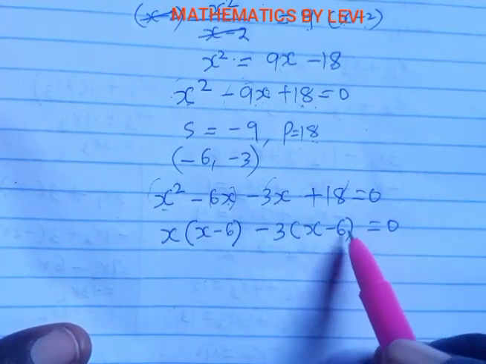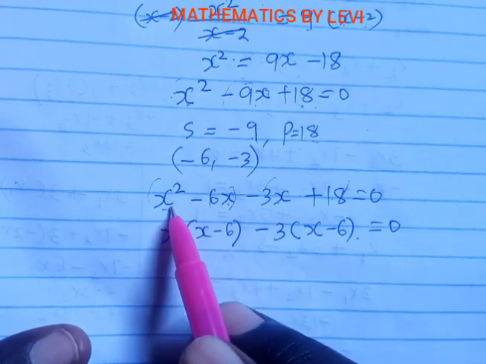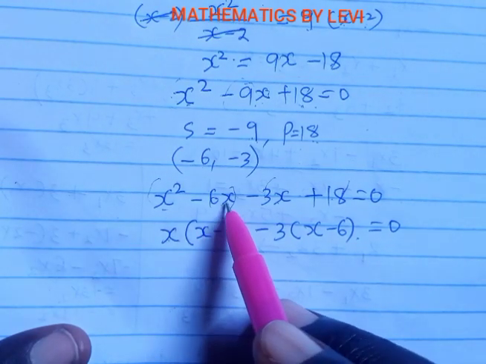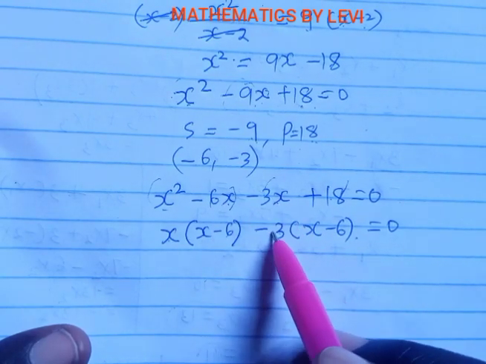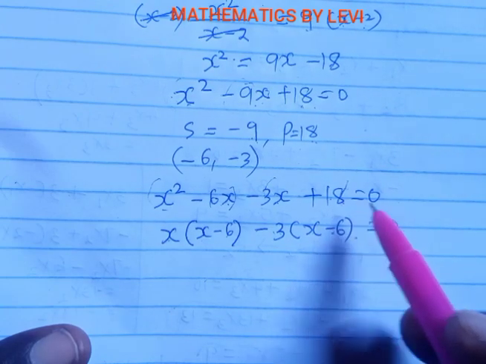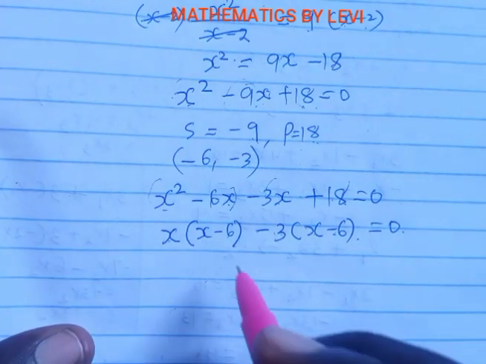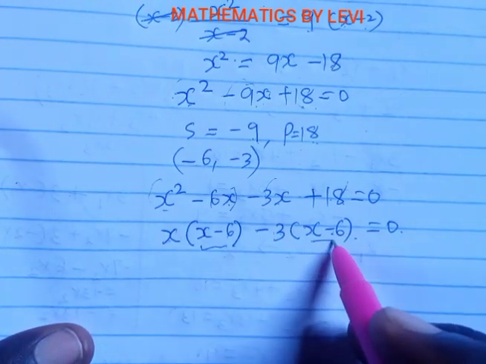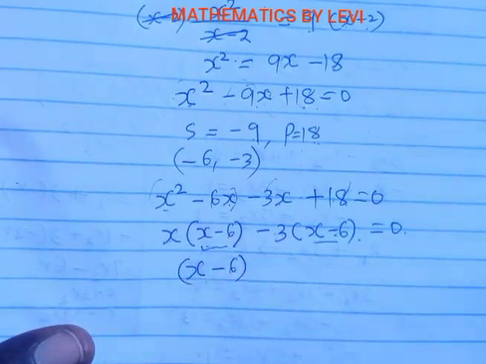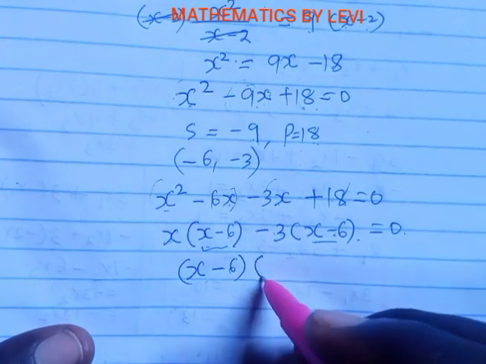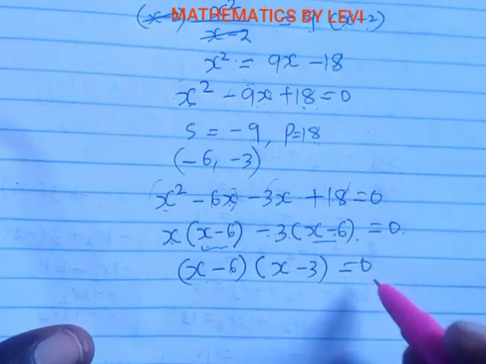There is no difference between this and the earlier expression: x times x is x squared, x times negative 6 is negative 6x, negative 3 times x is negative 3x, negative 3 times negative 6 is positive 18, equals 0. We have not changed anything. Since this one and this one are the same, we take x minus 6 only once, then we have x minus 3, that is (x minus 6)(x minus 3) equals 0.